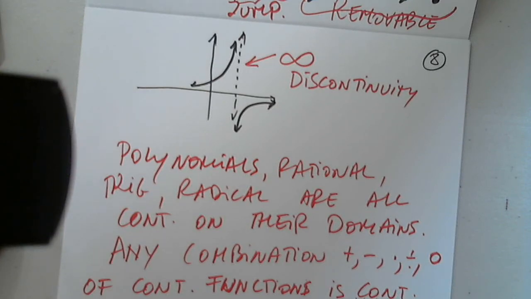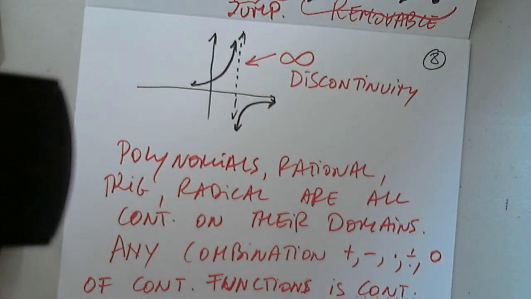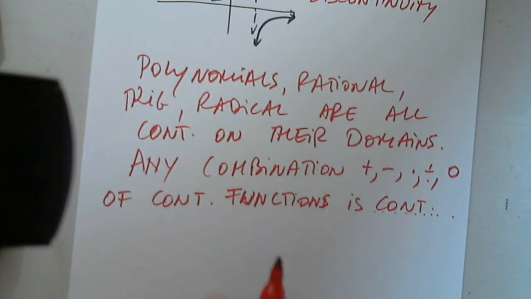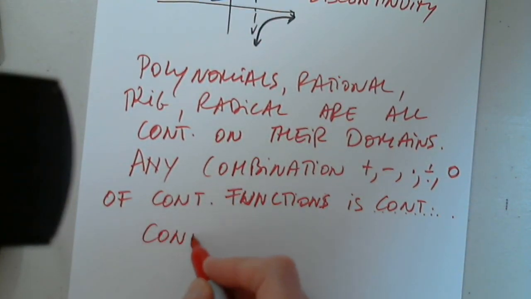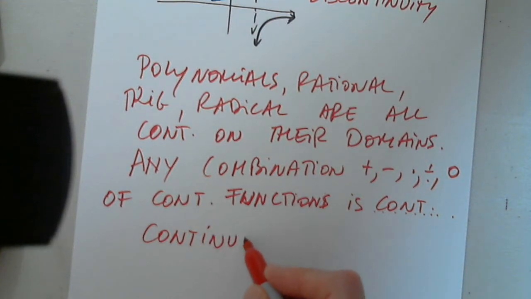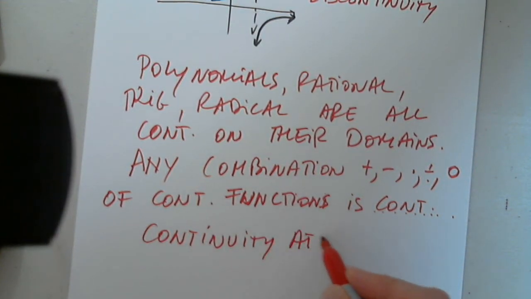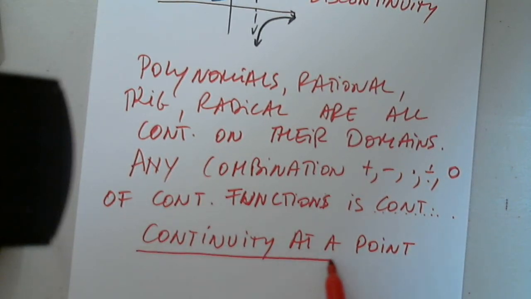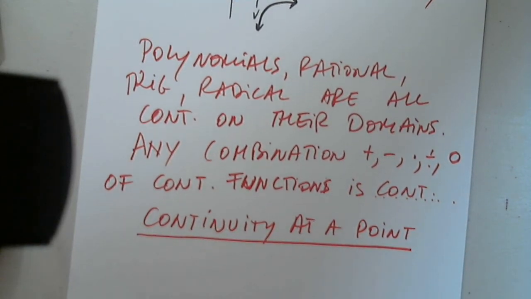Okay. Continuity on an interval, but before that, continuity, a very important definition: continuity at a point. So let's take a look at this little graph. Here's a graph of a function.